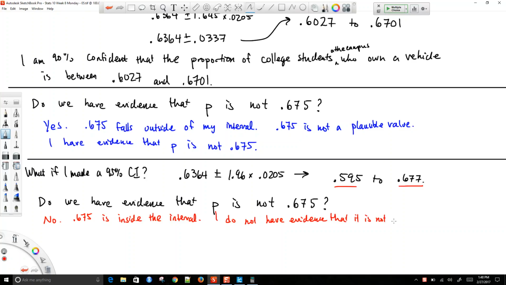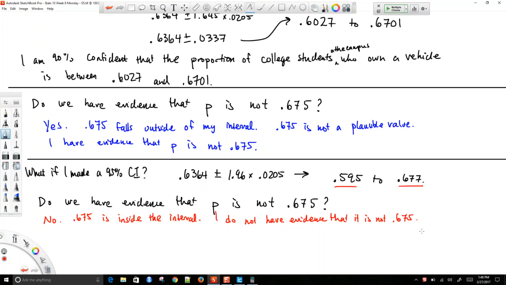Now this seems terrible. We're using the exact same data and the exact same question. Do we have evidence that P is not 0.675? And we seem to be coming to two totally opposite conclusions. How can this be? Well, we are using different levels of confidence to answer this question.